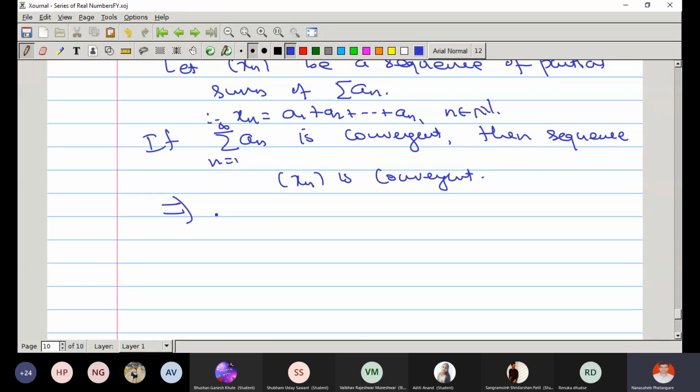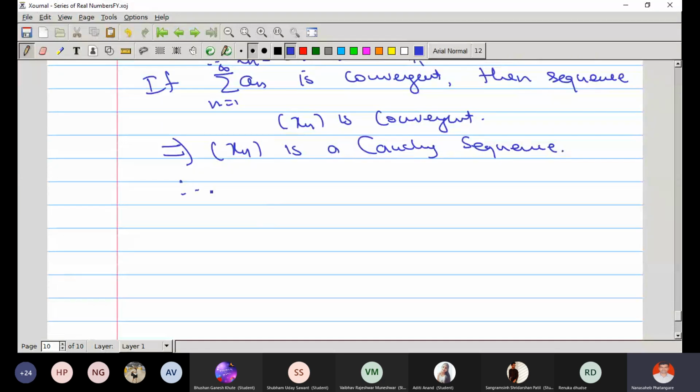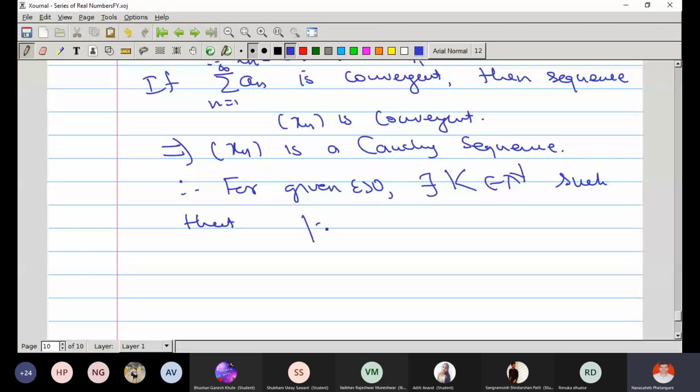So by the definition of a Cauchy sequence, for given epsilon there exists k such that |x_m minus x_n| is less than epsilon for all m greater than n greater equal k.